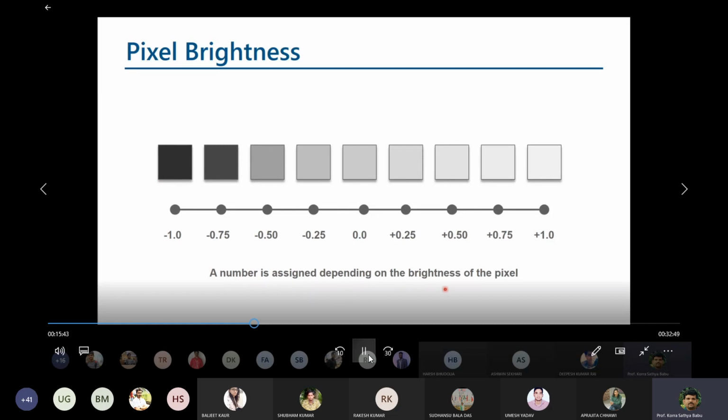So a number is assigned depending on the brightness of the pixel. If the pixel is brighter, it trends to this side; if the pixel is darker, it trends to that side.